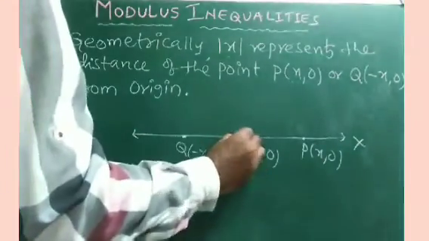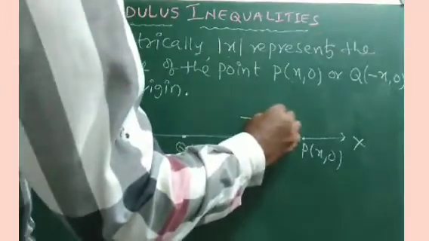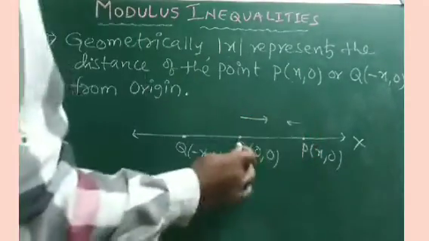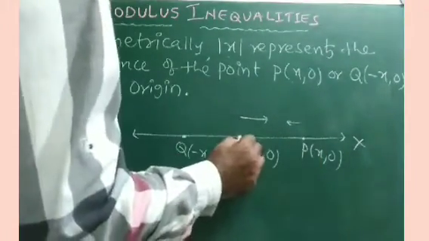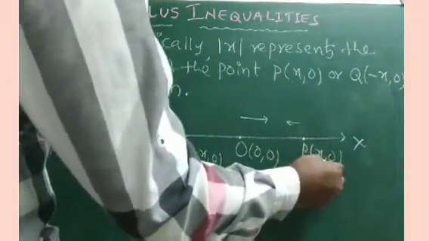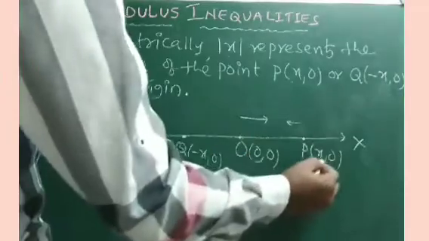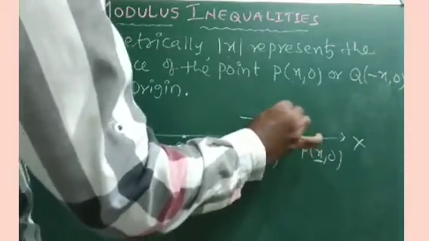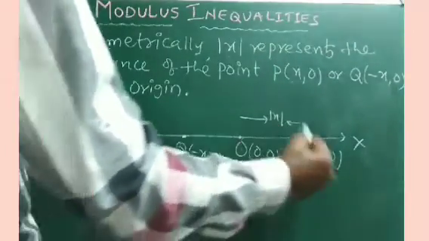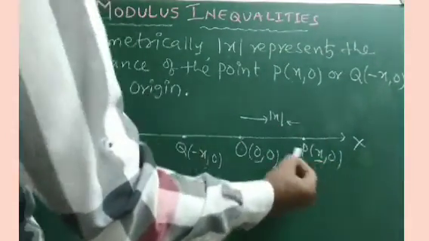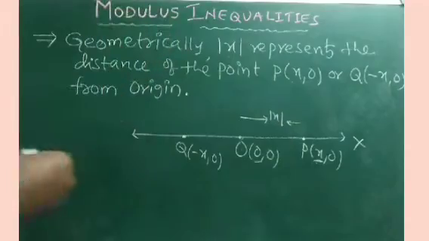Now the distance from O to P: here it is 0 and here the x coordinate is x. I mean it is at a distance of x, which is denoted by modulus of x. The distance between the origin and the point P (x, 0) is denoted by modulus of x.